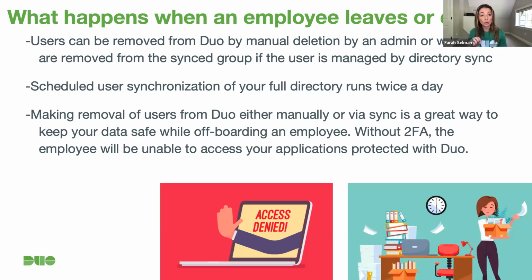So making removal of the users from Duo either manually or via sync is a great way to keep your data safe while offboarding an employee. Without 2FA, the employee will be unable to access your applications protected with Duo even if they have credentials.